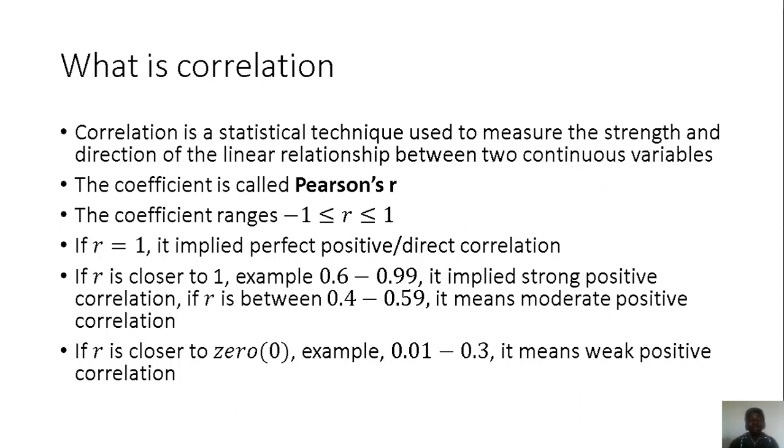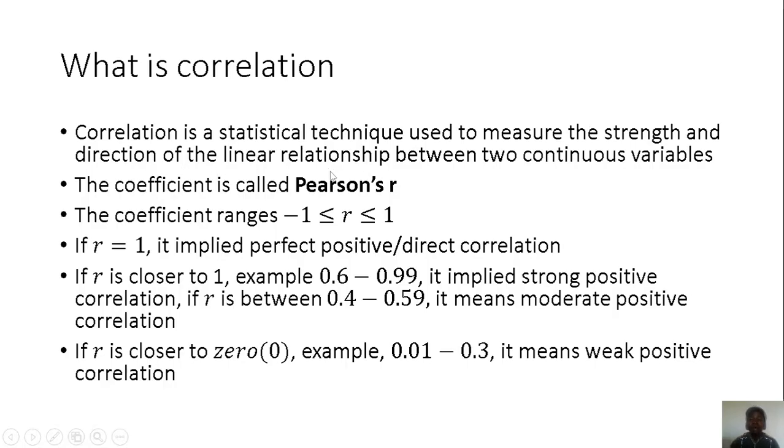That means it has an inverse relationship. So the direction is inverse. When the price is increasing, the demand for it is decreasing. But supply, when the price is high, the higher the price, the more the people supply the items. So the direction is direct.